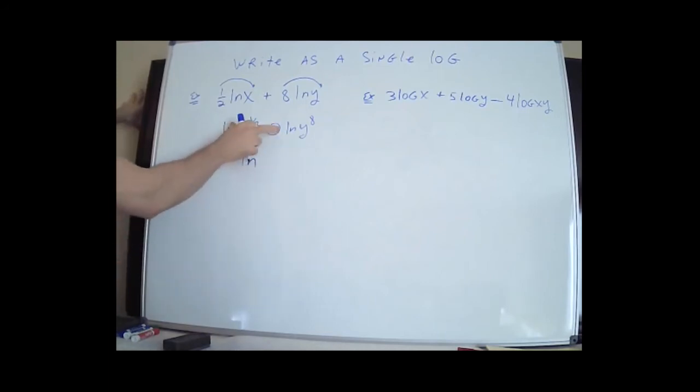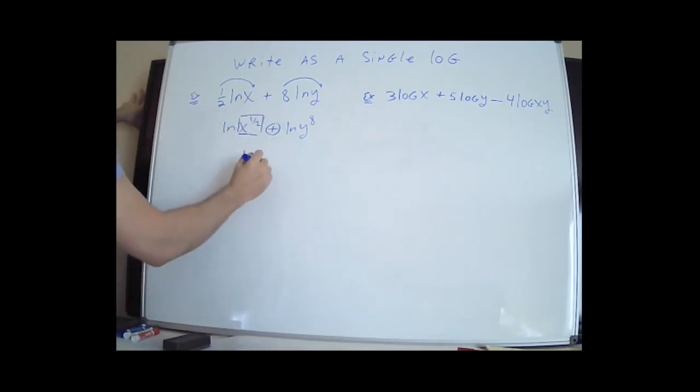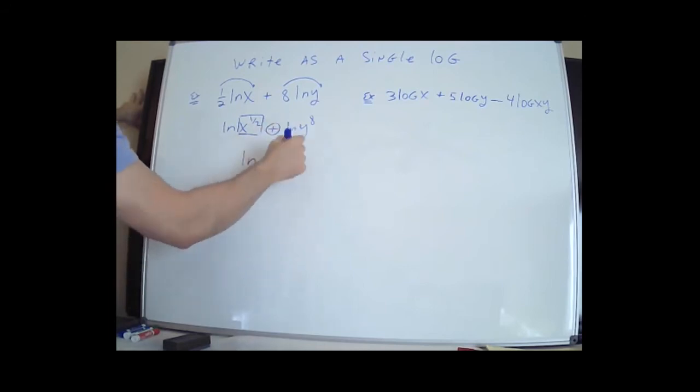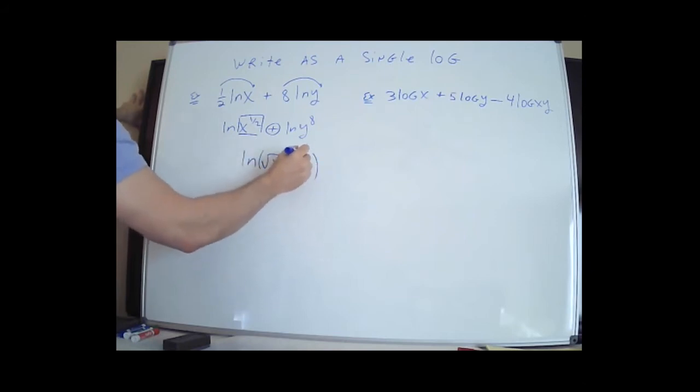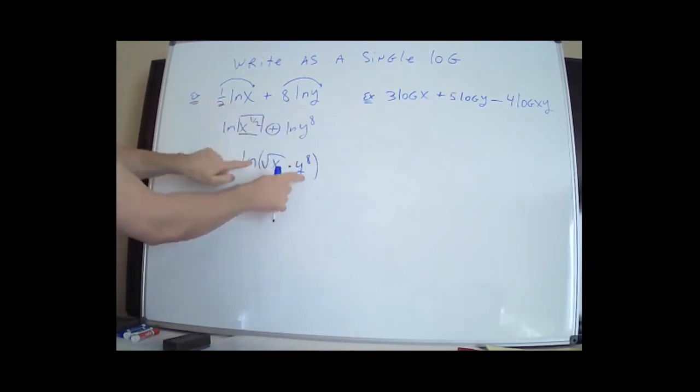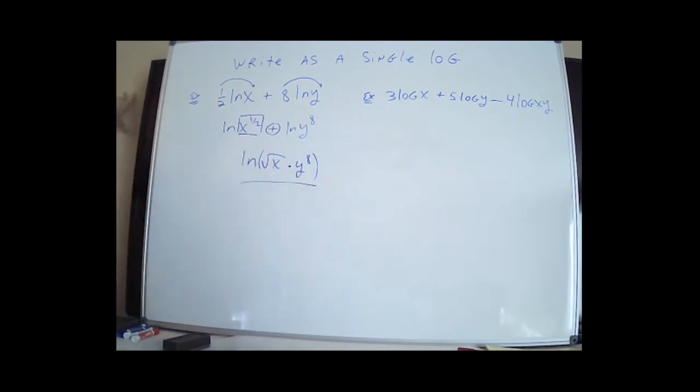Now, instead of having two separate logs, I'm going to have one. X to the 1/2 is radical x times y to the 8th. Here's my single logarithm. I took two different ones and wrote them as one. I move the powers to the top, and then addition becomes multiplication. All right, so that's the first one.